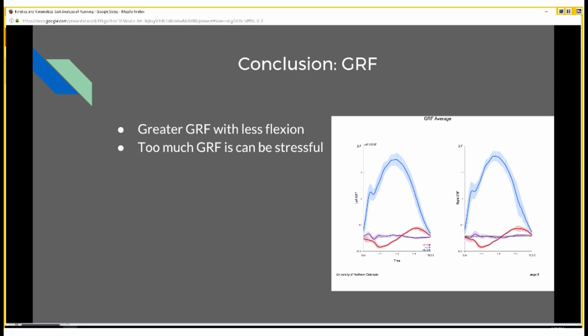Lower angle causes greater ground reaction forces, and too much of this ground reaction force can actually harm the ligaments and the bones in your leg. So we're trying to create symmetry in the left and the right leg so that we don't have too much ground reaction force, so we don't damage our leg.